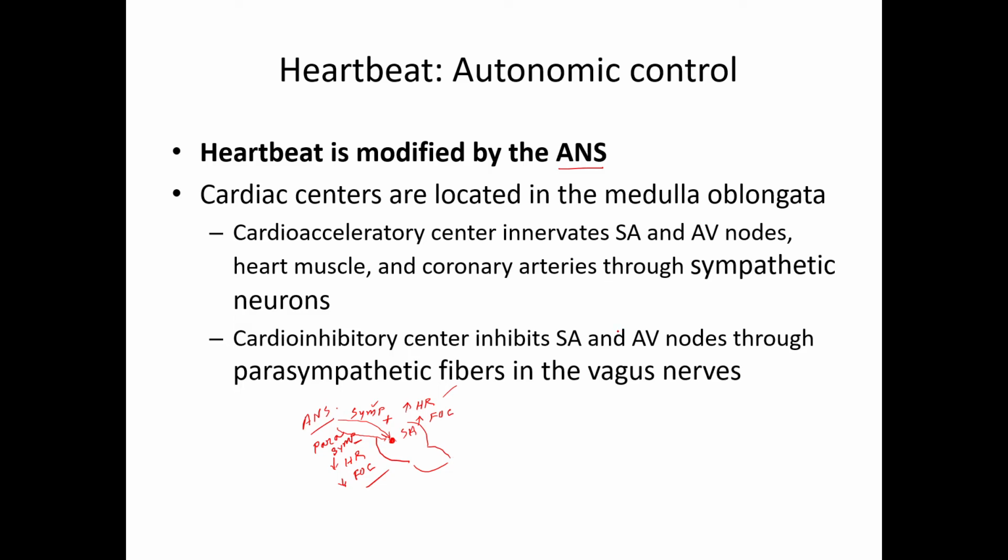Okay, so that's how the autonomic nervous system, its two divisions, sympathetic and parasympathetic, control the heart. Sympathetic works through the chemical that is called adrenaline and noradrenaline, also called epinephrine, norepinephrine.